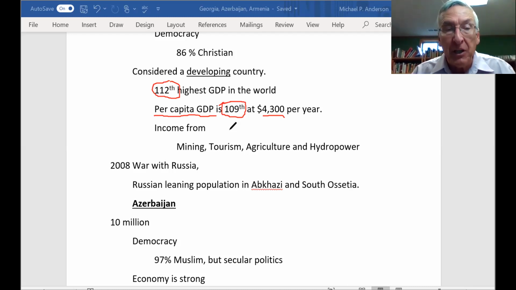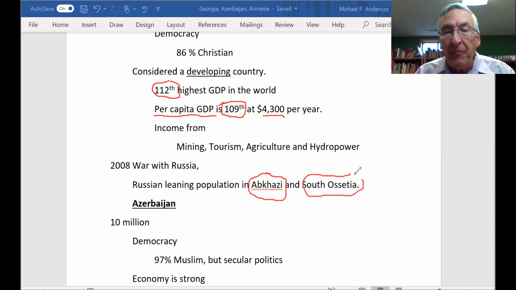And that's what happens in Georgia. You have a Russian-leaning population in two little provinces right up on the border with Russia, Abkhazia and South Ossetia. These have got a large Russian population, and they are not happy with being part of Georgia. They are feeling picked upon, persecuted, discriminated.